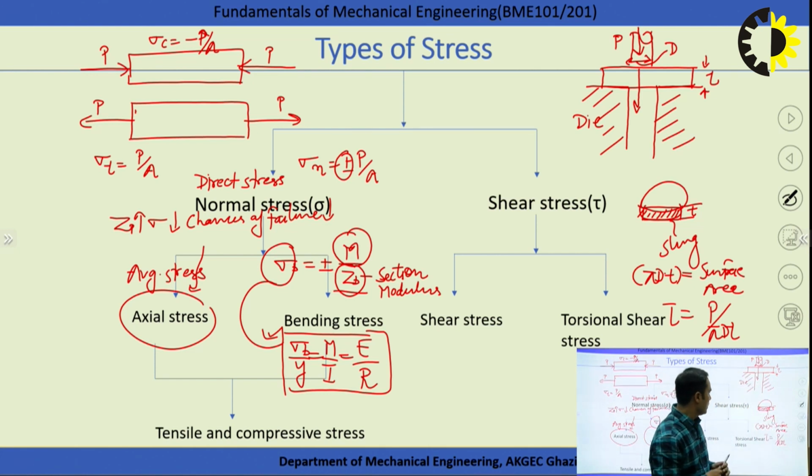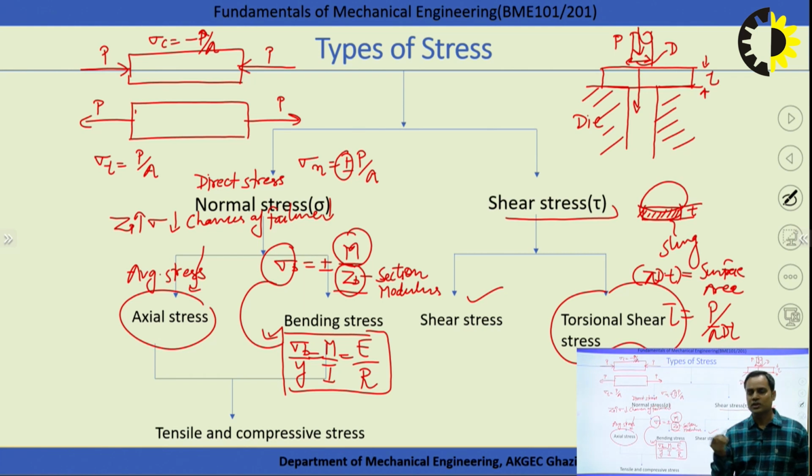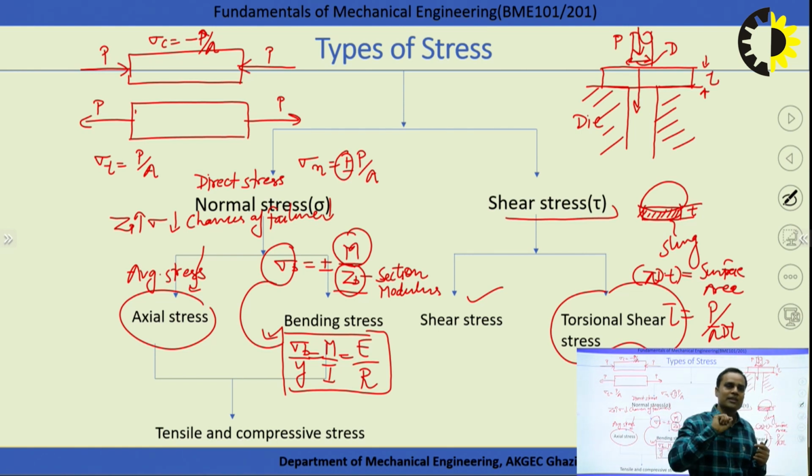Okay. So further, shear stress, or you can also say the average shear stress. Another type of stress is torsional shear stress. In a similar way to how bending stress is produced, torsional shear stress is produced if the load is eccentric, not acting along the axis.